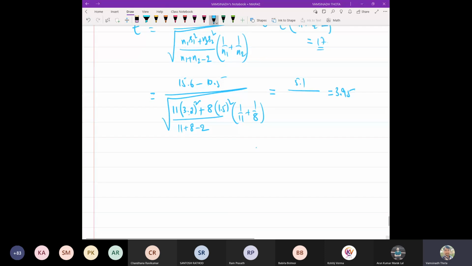Total value. Okay, so 3.9593. So this is the calculated value.